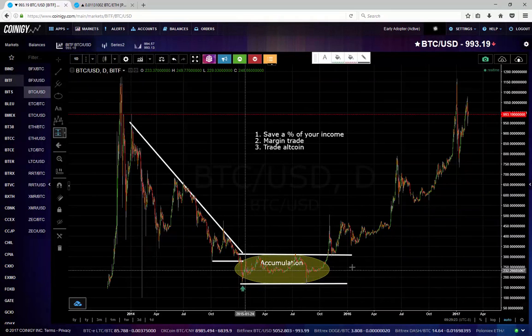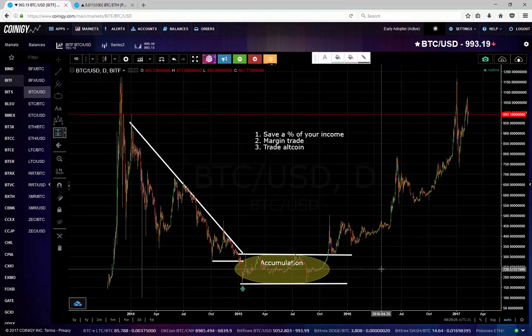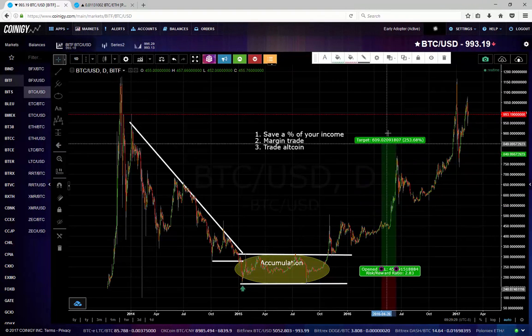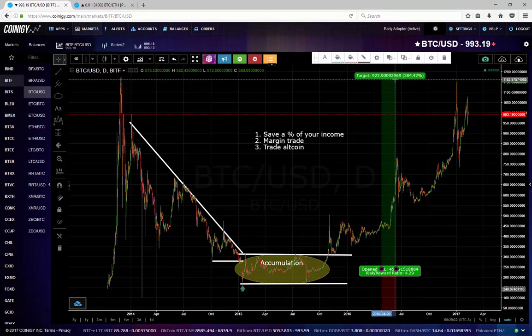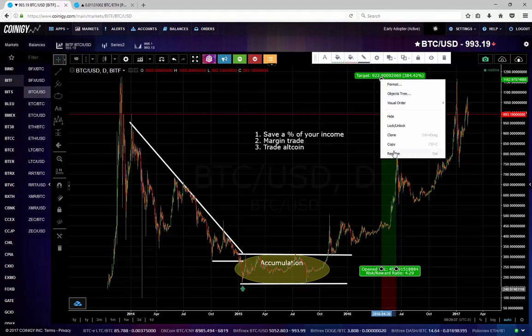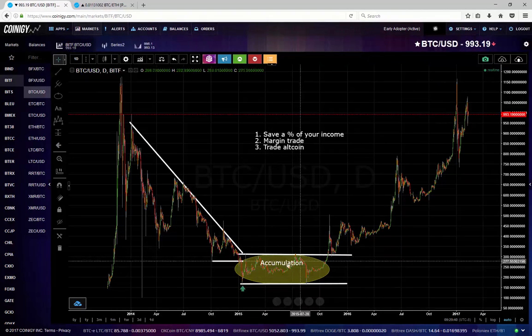So let's just say my average was like mid-range between these two. Basically from mid-range to the high, the market went up 384%. So that's close to 4x my savings from 2015.